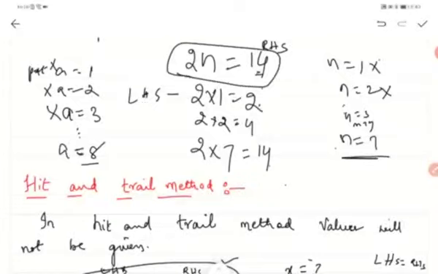If you substitute 7 for n, only then will you get LHS equal to RHS. Okay, so this is called the trial and error method, or you can say the hit and trial method. You are just taking some values and trying to find out for which value of n your LHS is equal to RHS.